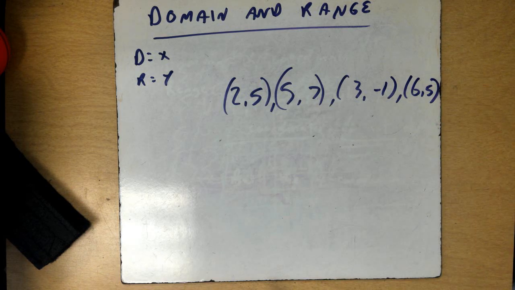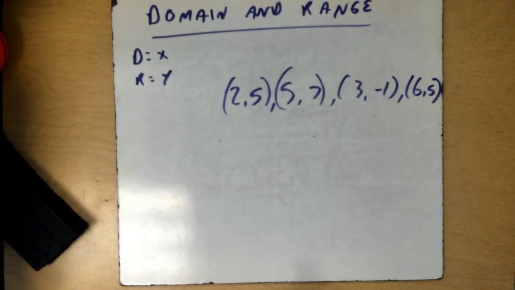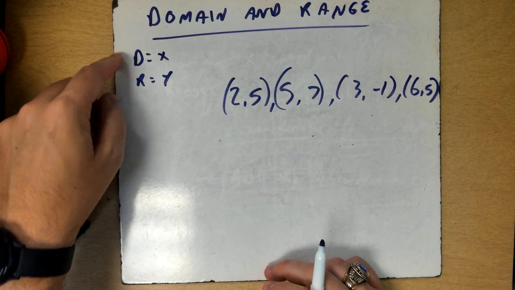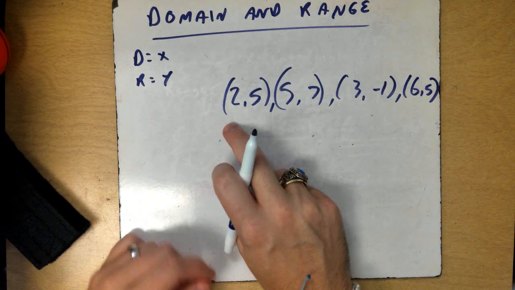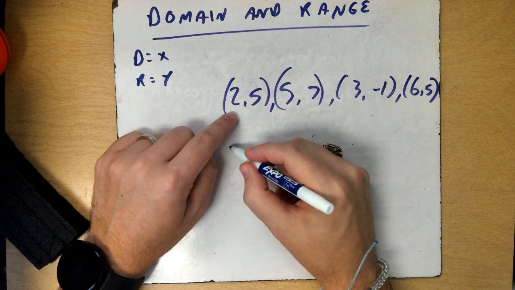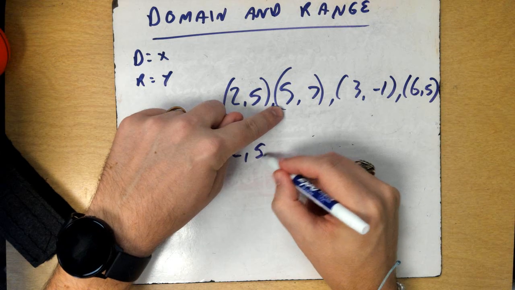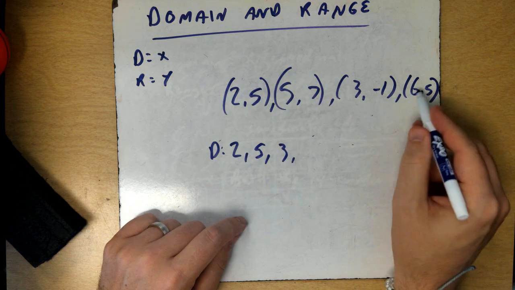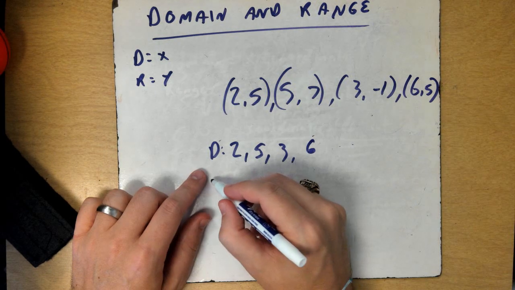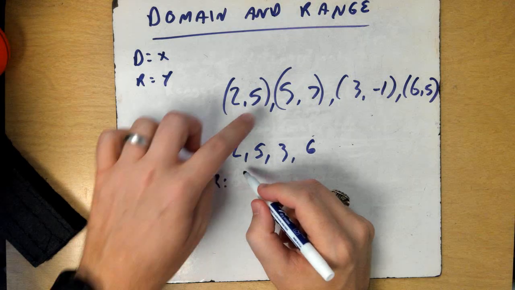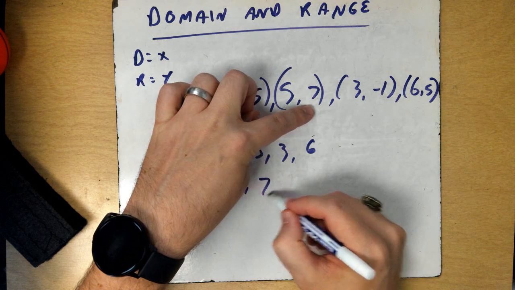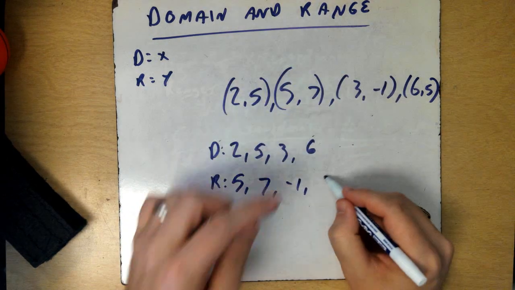So let's look at this. What's my domain and range? Remember, domain is x, range is y. So my domain is 2, 5, 3, and 6, and my range is 5, 7, -1, and 5.